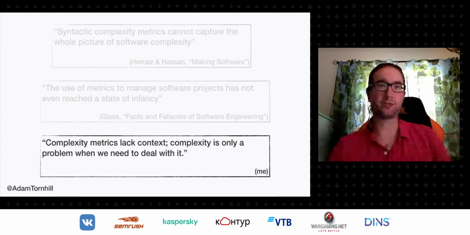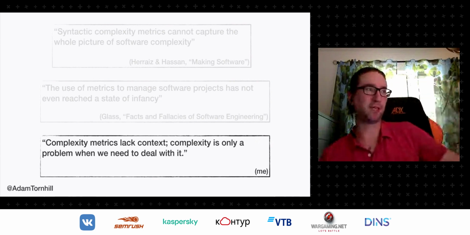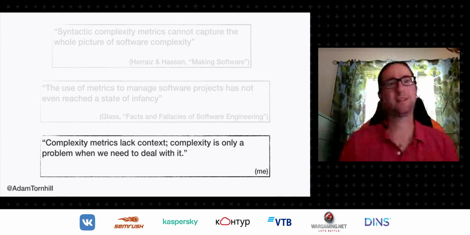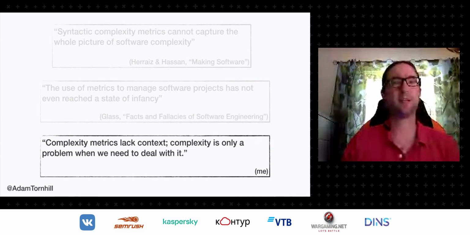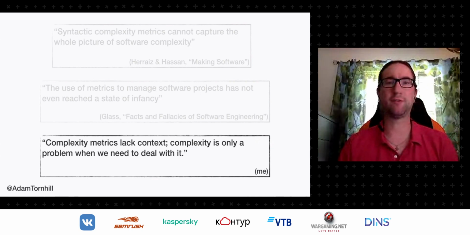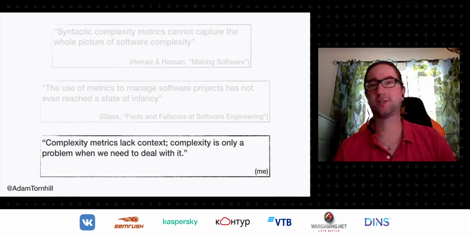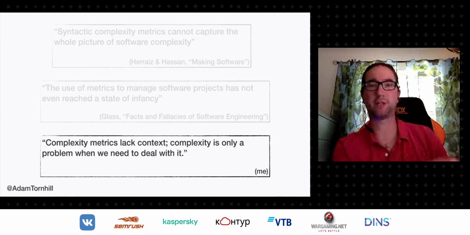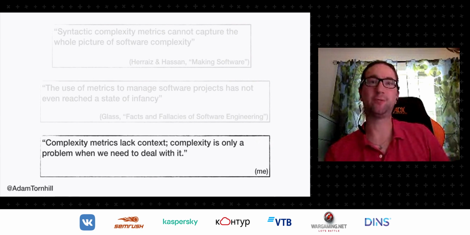So we might have a large software system, we might have an overly complicated part over here, but if that part has been thoroughly tested and verified 2 years ago and hasn't been touched since, and nothing in the surrounding calling context has changed, is that really a problem? Should we really spend time verifying and improving that part of the code?